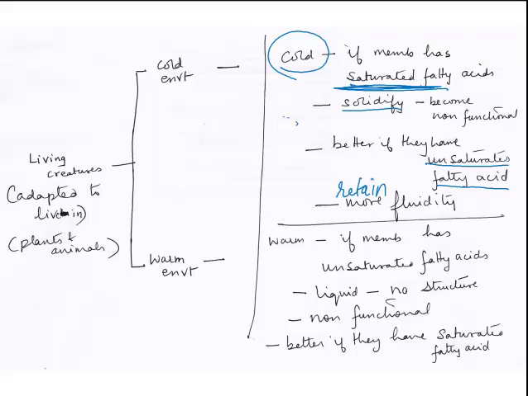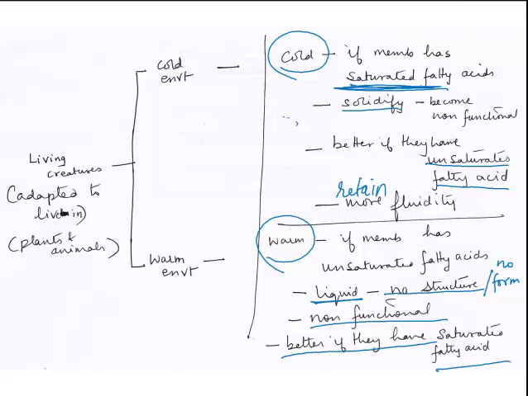Consequently, for animals living in a warmer environment, if the membrane has unsaturated fatty acids, it will be liquid completely. There is no structure, no form, and it will become non-functional. So it is better if it has some amount or a greater percentage of saturated fatty acids.